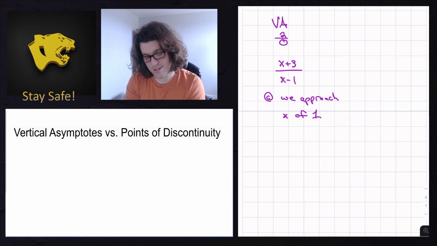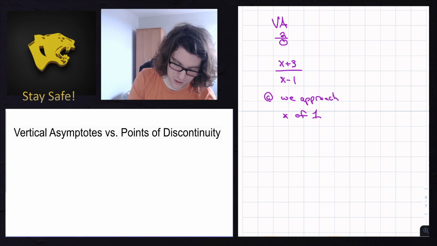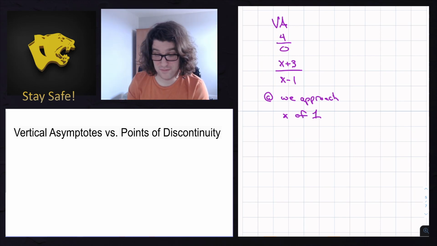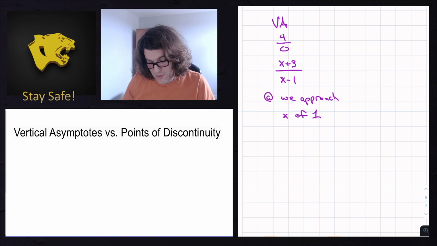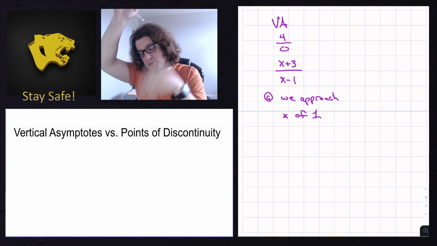So upstairs, it's going to be 4, which is fine. But downstairs, it's going to be 0. So we would have 4 divided by 0. And so it's going to have this behavior that shoots way up or shoots way down.